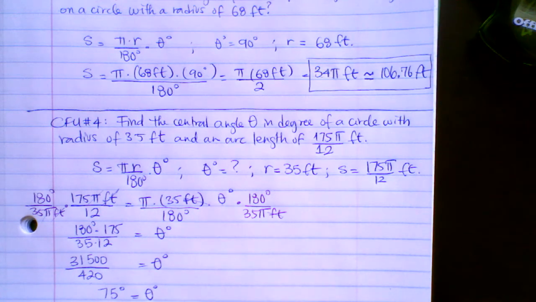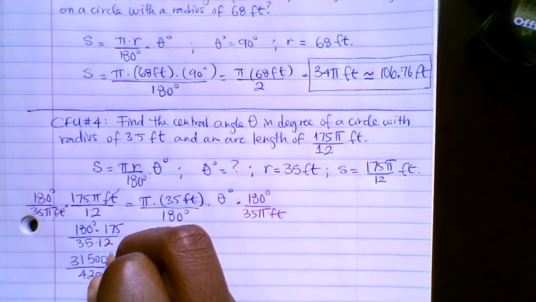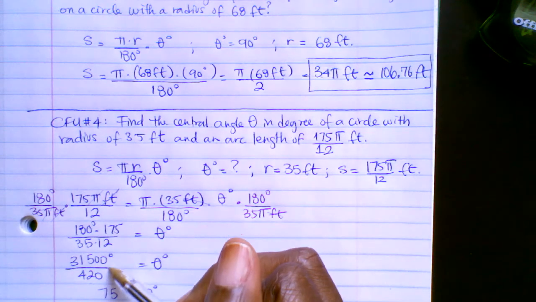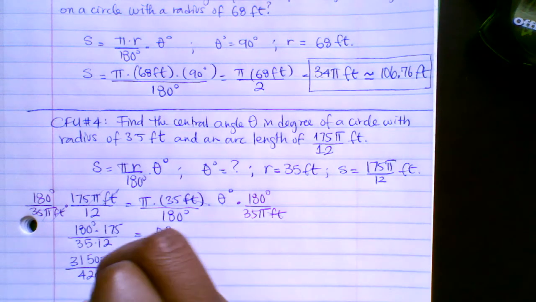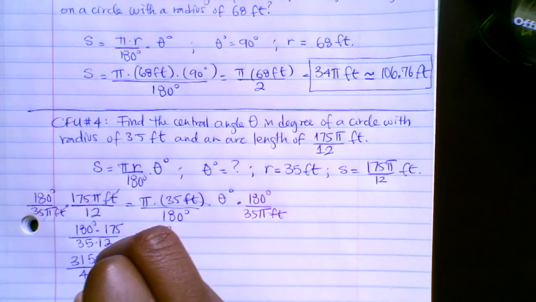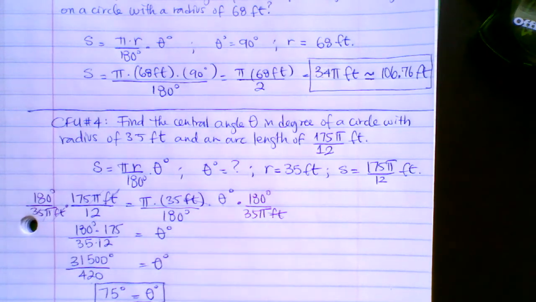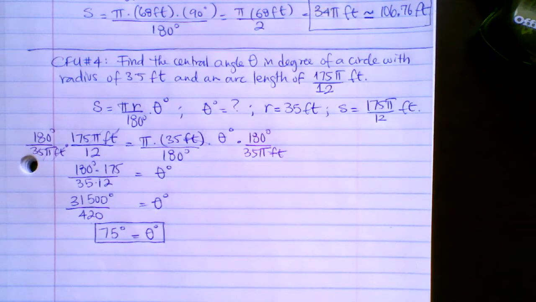Okay, so I'm going to assume this is in degree. So that's the central angle. Theta is equal to 75 degrees. So I think we are done with this example, the CFU number 3 and 4.